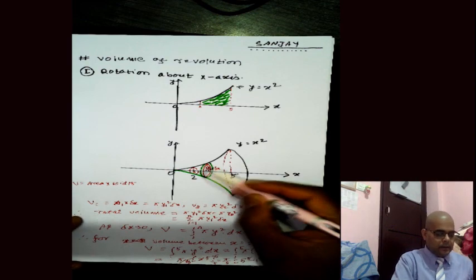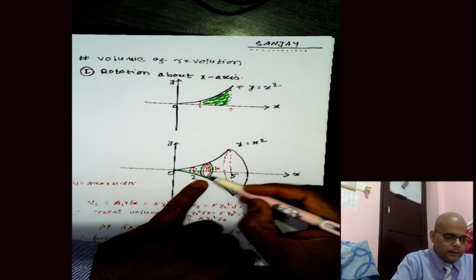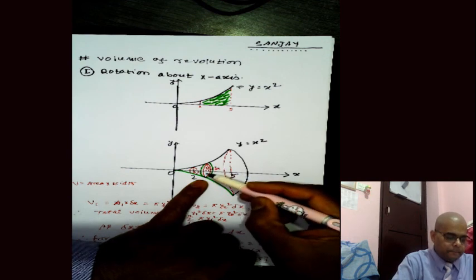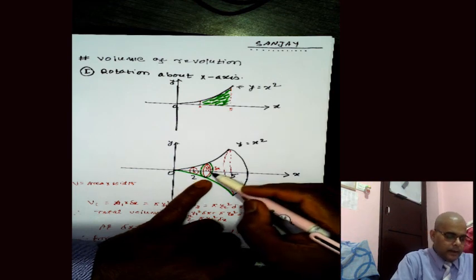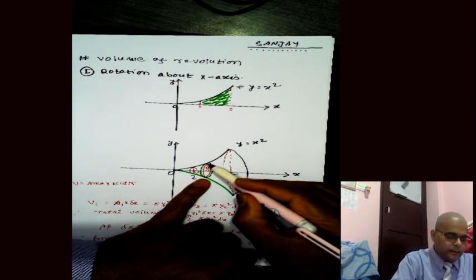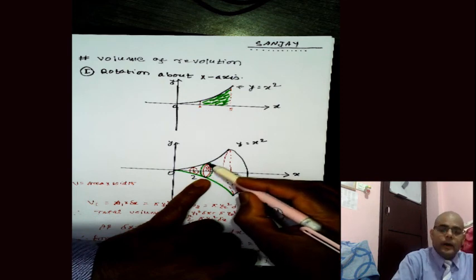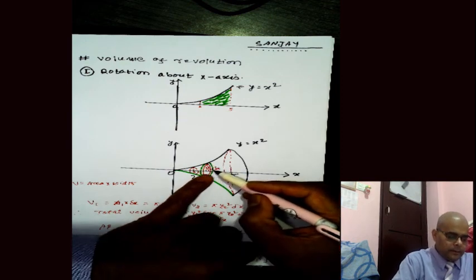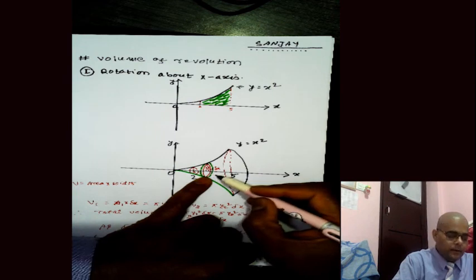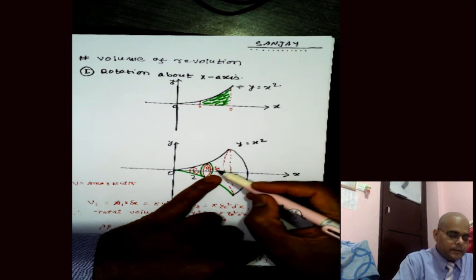So let's consider for a while one slice inside this three-dimensional figure and see what the volume of this slice would be. Along the y-axis there is some y coordinate, so the height is y units, and the width is along the x-axis. We suppose this width is very small, that is delta x.